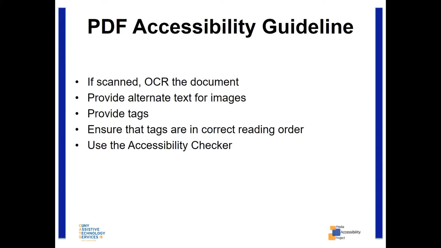For example, you can tag headings, subheadings, paragraphs, and images, and you also want to make sure that they are in the correct reading order. And again, just like with Microsoft Word, Adobe Acrobat Pro has its built-in accessibility checker.